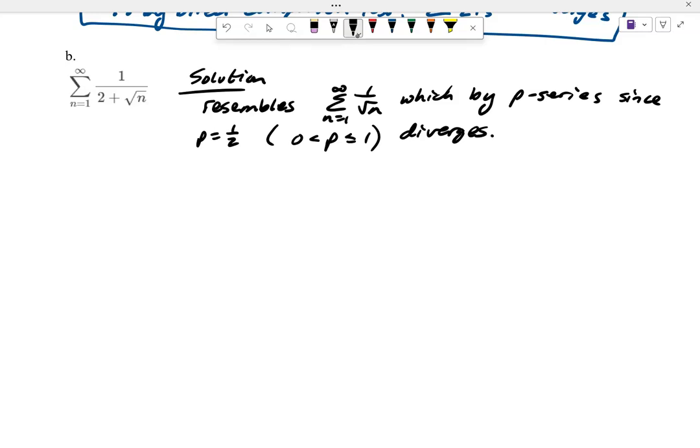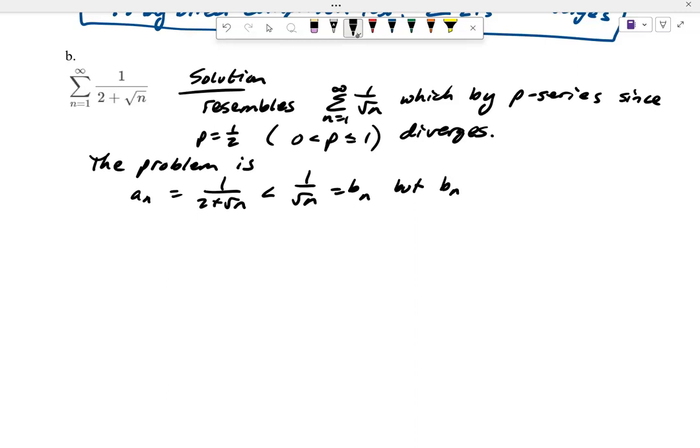Now the problem is, we have a sub n, which is 1 over 2 plus root n. It's less than 1 over root n. But b sub n is larger, right? It's larger and diverges. So this does not meet the requirements of the test. Remember, we want it to be smaller and diverging.